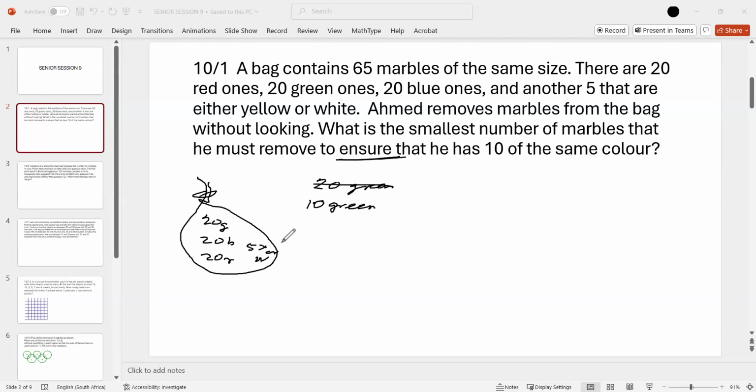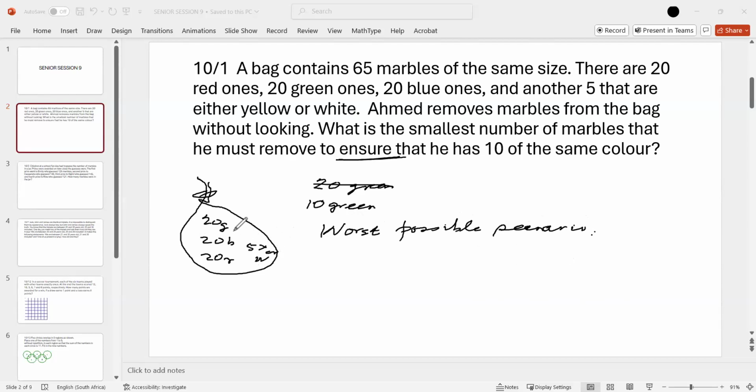Okay, so the way to do this is to just look at the worst possible scenario where he's not drawing 10. He's just about to get there, but worst possible scenario.